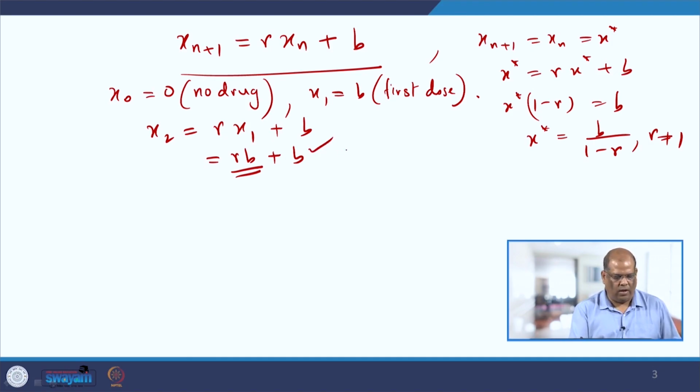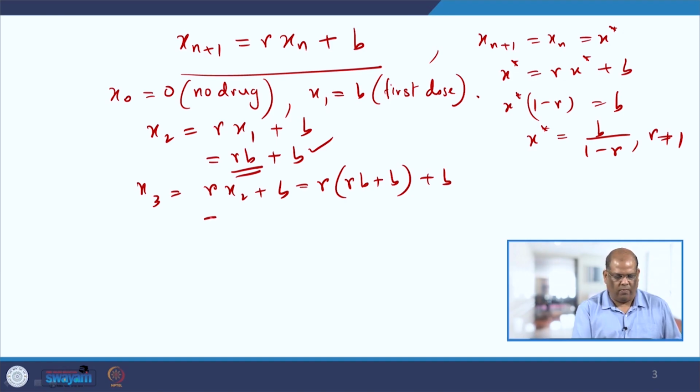So, I can write x 3 as R x 2 plus b. Now, R times x 2 is R b plus b plus b. If I write them out, I will write it as b plus b r plus b r square.